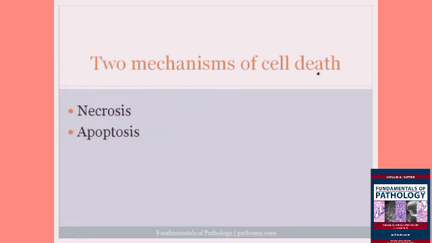And apoptosis, on the other hand, the way I think about it, is cellular suicide. The cells independently decide to remove themselves from the organ. It usually involves single cells or small groups of cells, and often there is no extensive tissue reaction to apoptosis. These principles will be highlighted as we move forward in this presentation.